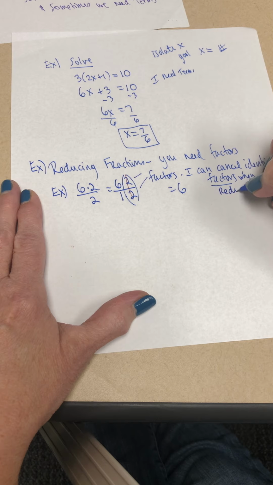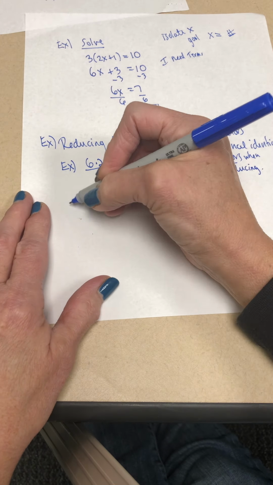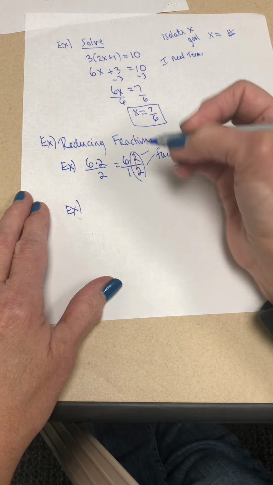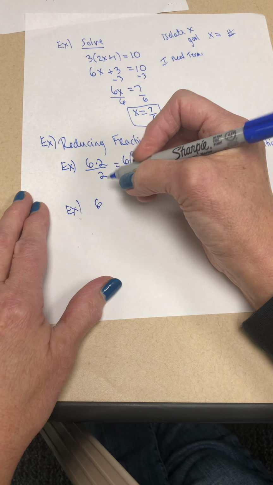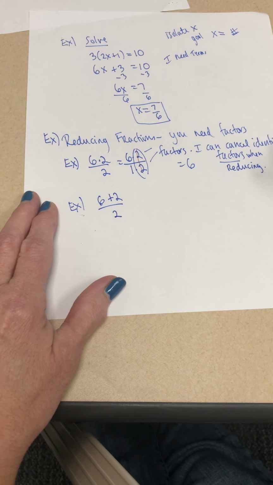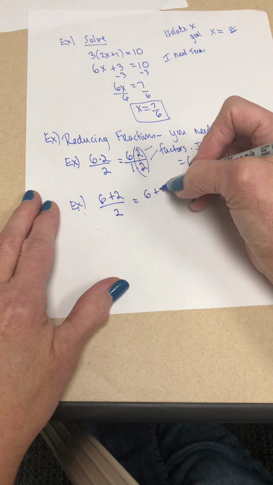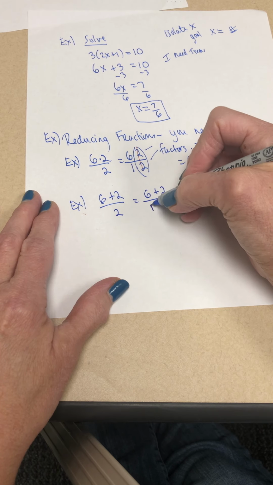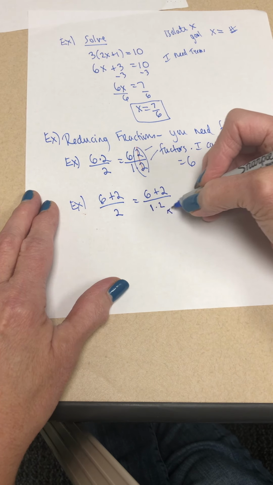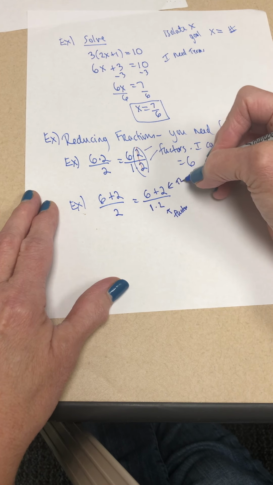Sorry, my writing is really sloppy tonight. Now, what about 6 plus 2 over 2? Now again, we can see this as 6 plus 1 times 2. So that 2 can definitely be seen as a factor if you want, but that 2 is a term.